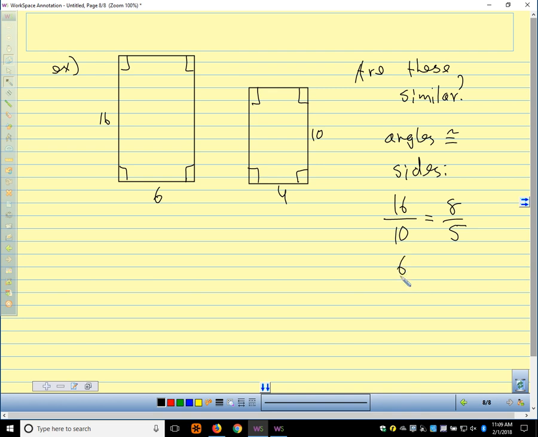And then I'm going to do 6 over 4, and that's going to be reduced to 3/2. Those are not the same. Not the same, so these shapes are not similar.